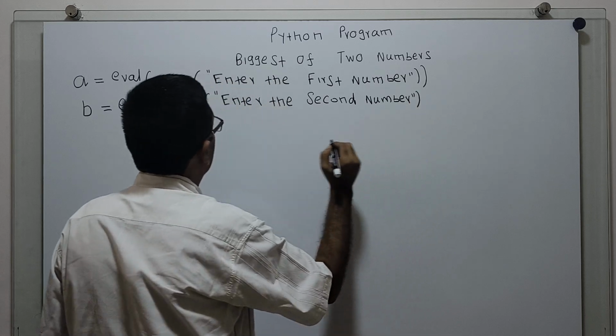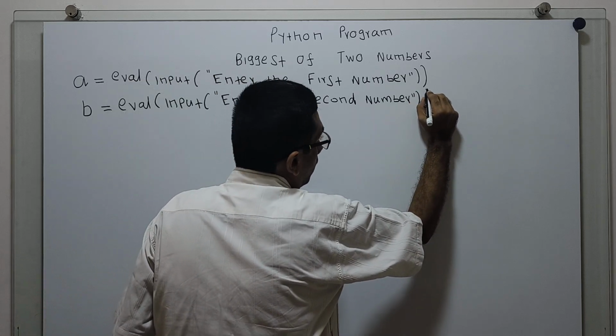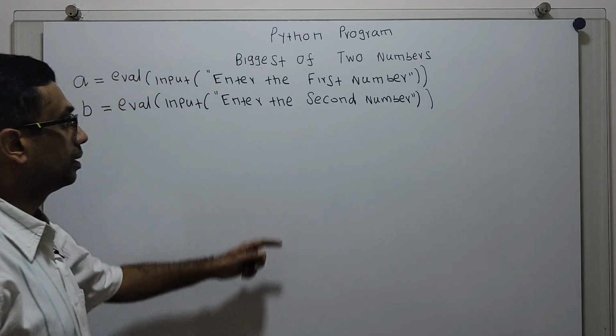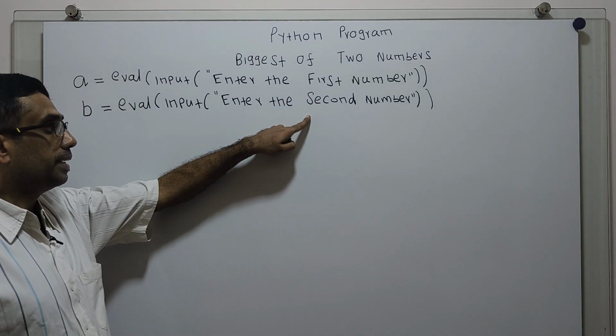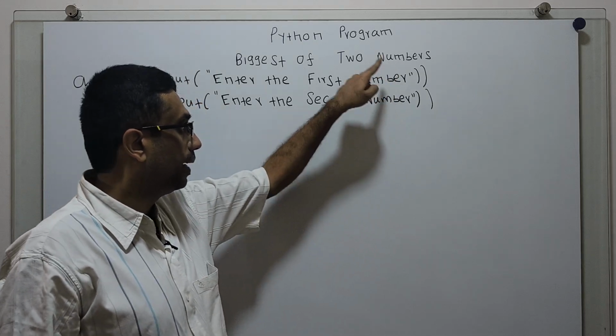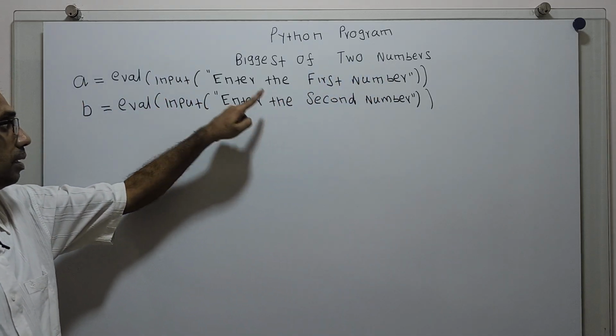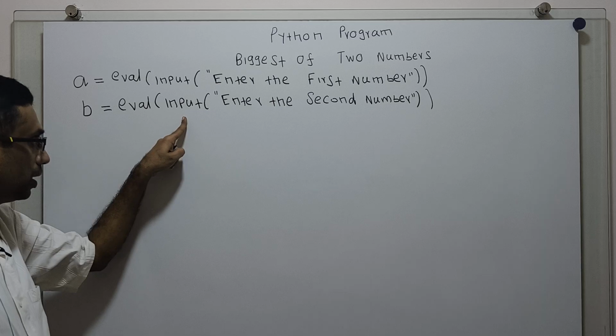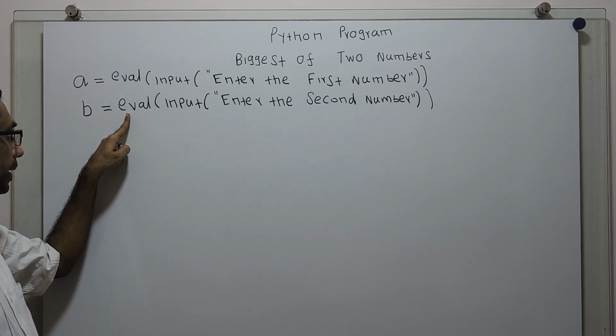I am closing this input and the eval function. When the user sees "Enter the second number" in the console and enters the second value, the input statement receives it as a string, which is converted into the appropriate numerical data type and stored in the variable b.